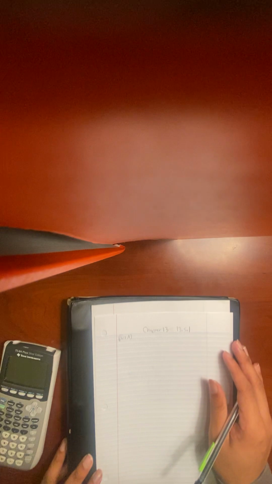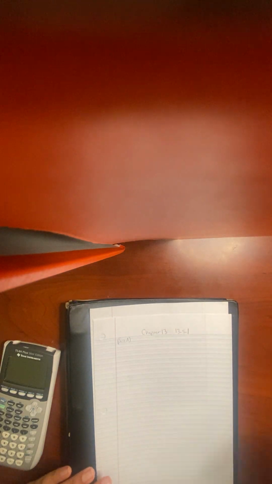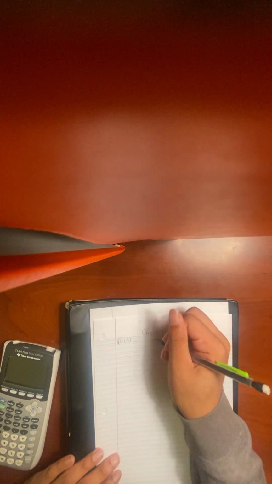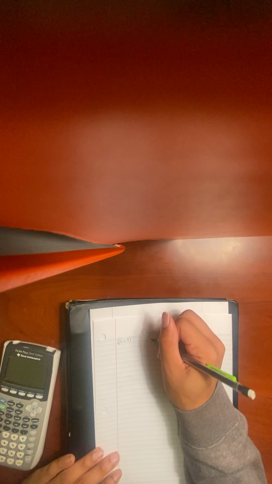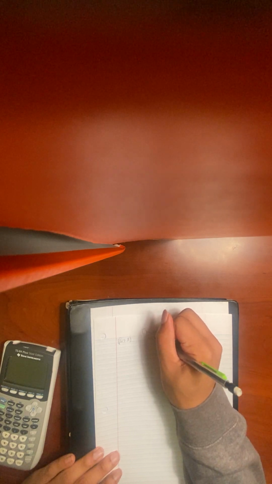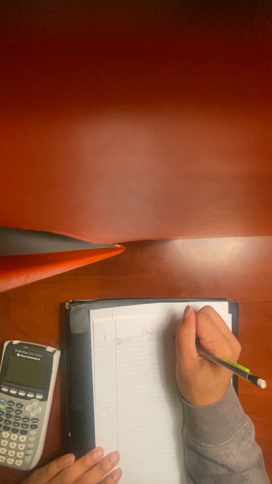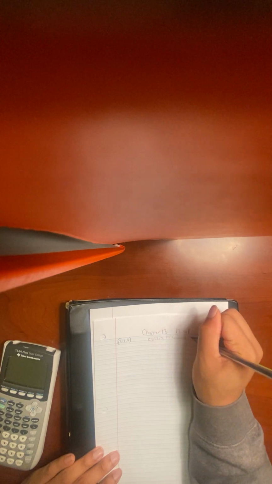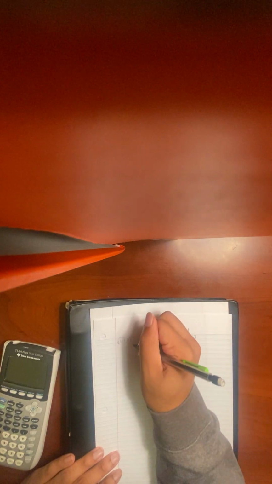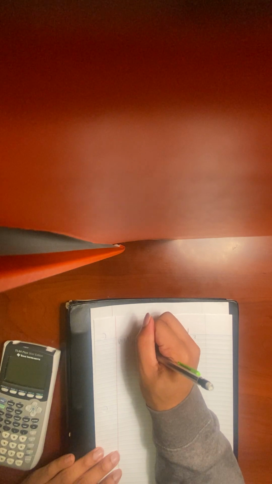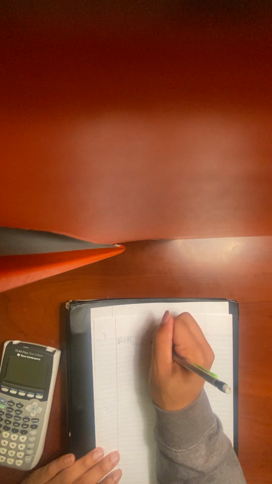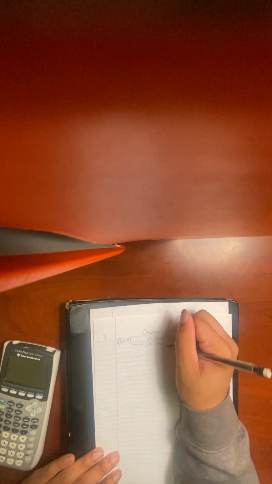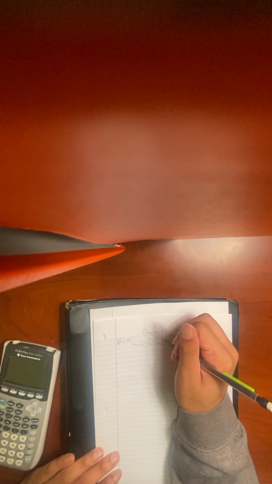Okay, so we're going to use equation 13.9 in section 13.3, and that is W grav equals U1 minus U2.